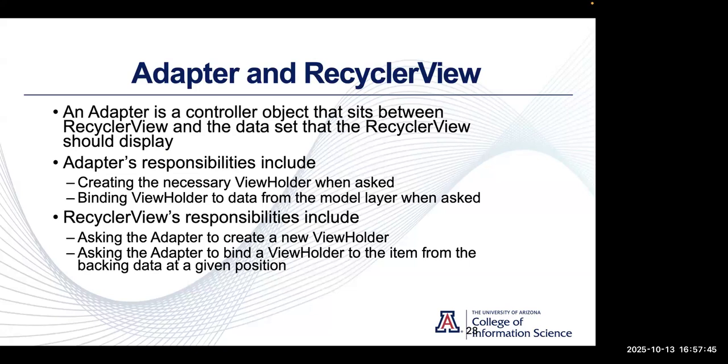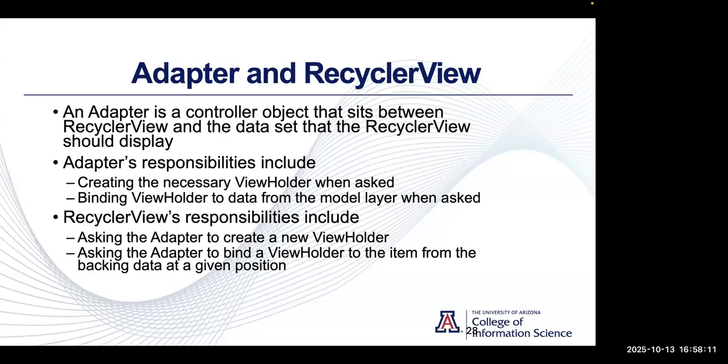So then we have the adapter and the recycler view. And again, an adapter is a controller object that sits between the recycler view and the data and tells the recycler view how it should display. Then we have the adapter's responsibilities, which include creating the necessary view holder when it's asked, and binding the view holder to the data from the model layer when asked.